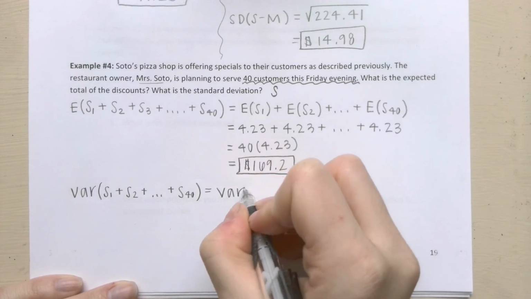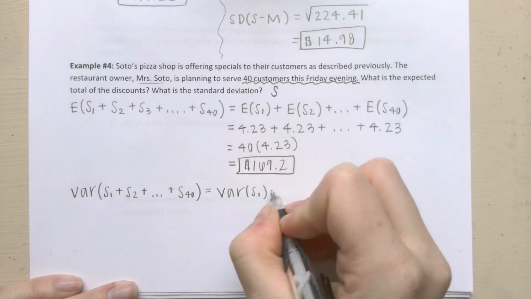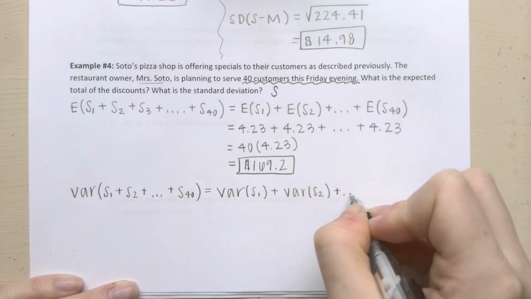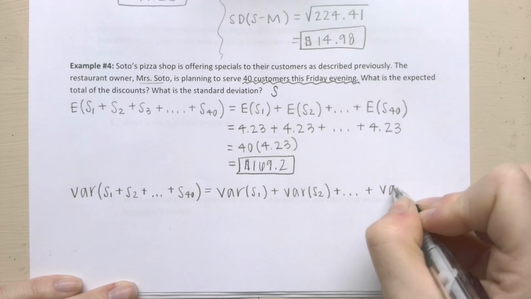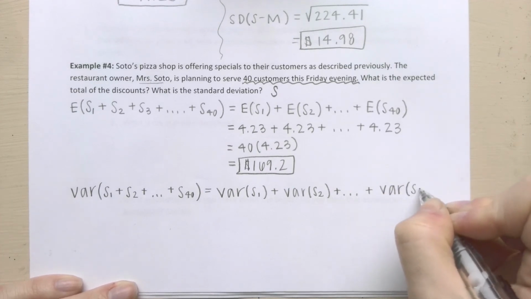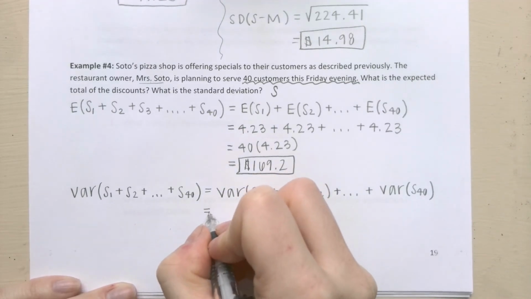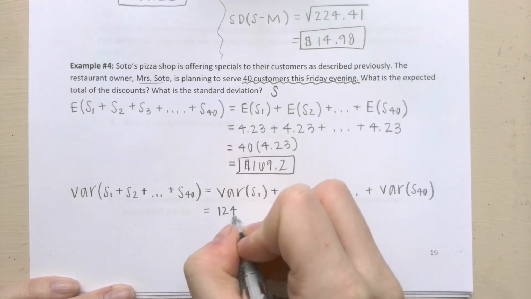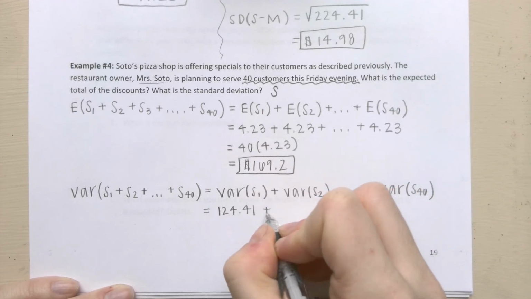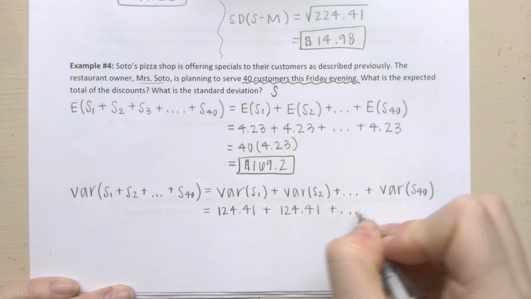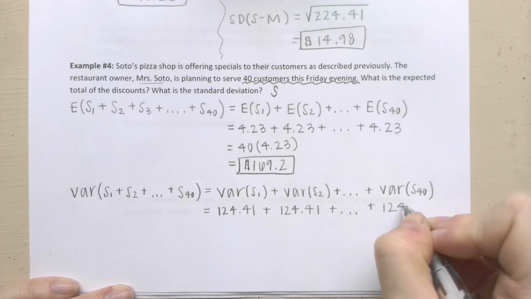I'm going to split this up into the variance of the first customer plus the variance of the second customer plus all the way down to the variance of the 40th customer. The variance of that first customer was 124.41. I have that happening for my second customer all the way down to the 40th.